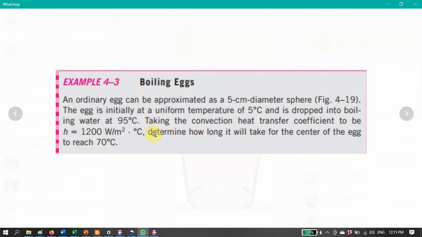And because this involves natural convection, the heat transfer coefficient is very high, about 1,200 watts per meter squared Kelvin. Then we need to determine how long it takes for the center temperature of the egg, the center point of the sphere, to reach 70 degrees Celsius.